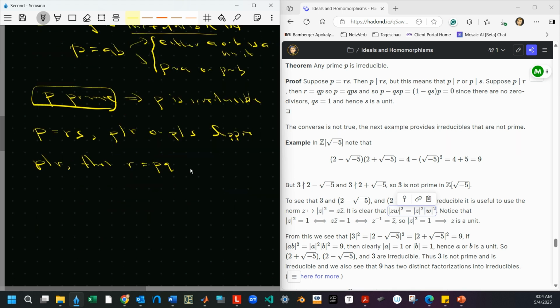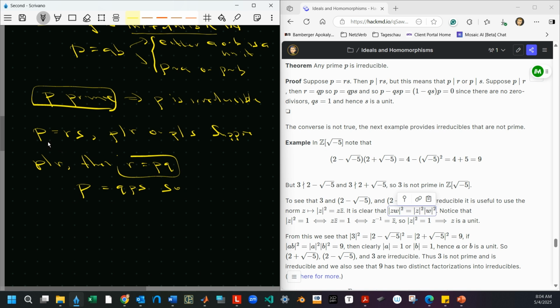Okay, so I have here now that P equals Q P S, right? And so, first of all, this looks suspicious, right?